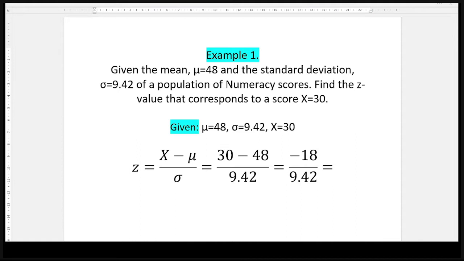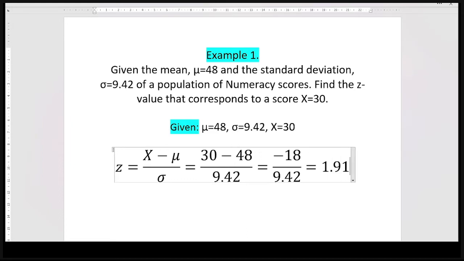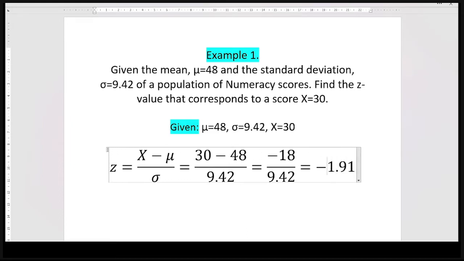30 minus 48 is negative 18, and negative 18 divided by the population standard deviation, 9.42, we got 1.91 to two decimal places. It's negative 1.91. Therefore, the corresponding z-score of the given raw score 30 is negative 1.91.